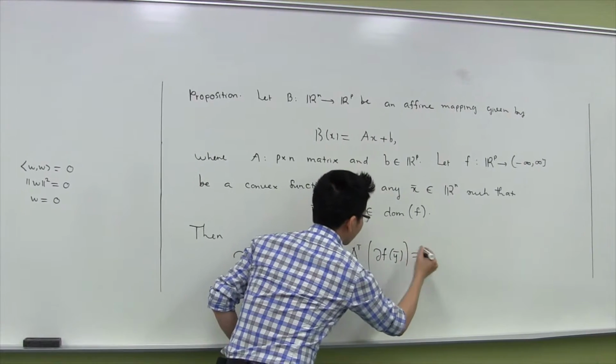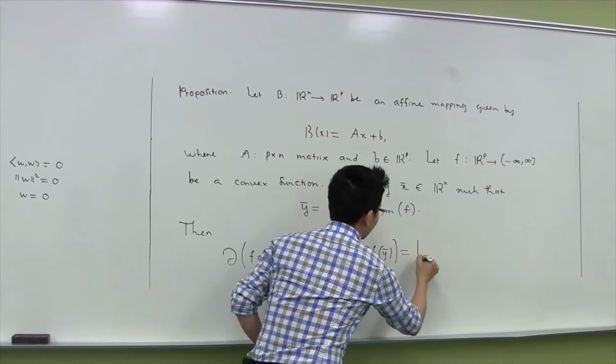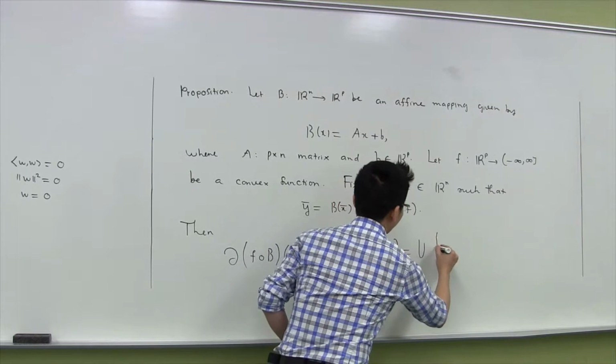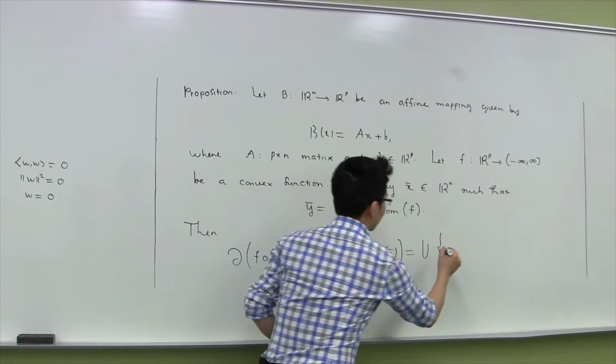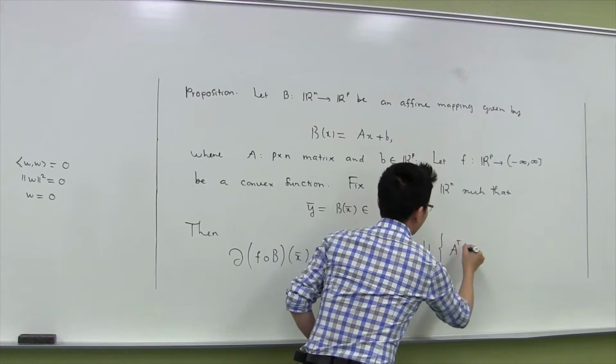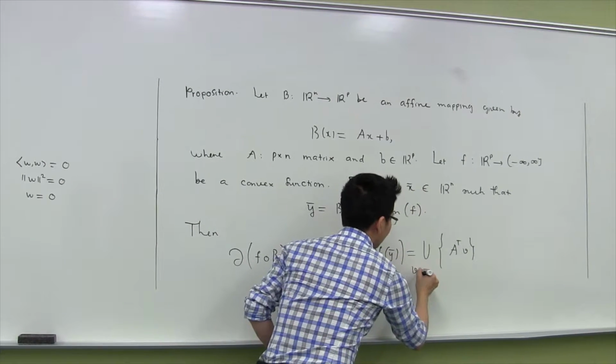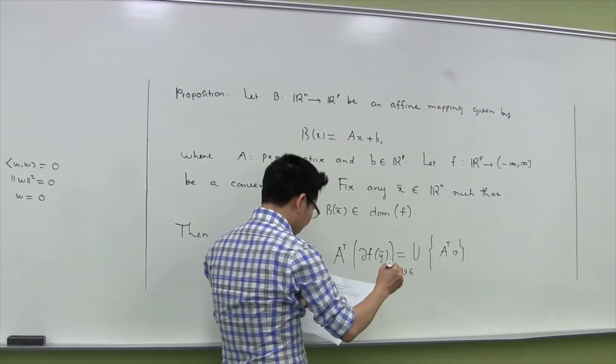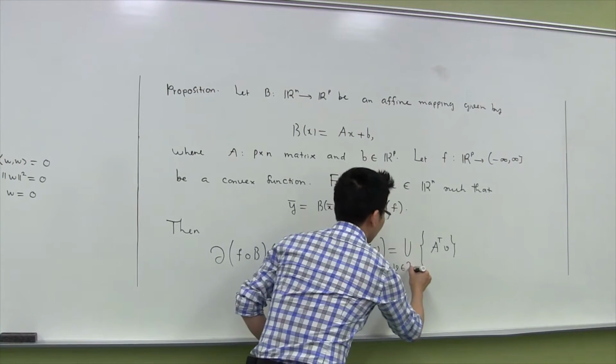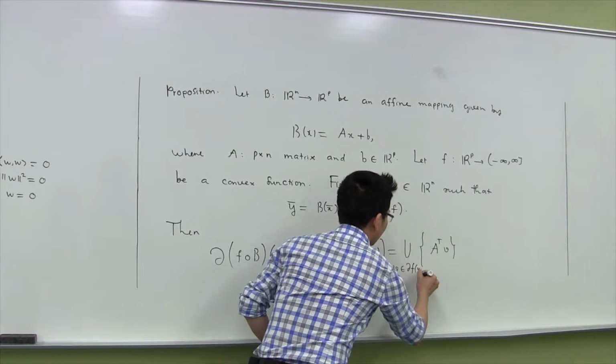So this is just the union of all elements of the form A transpose times v, where v belongs to the subdifferential of the function f at y bar.